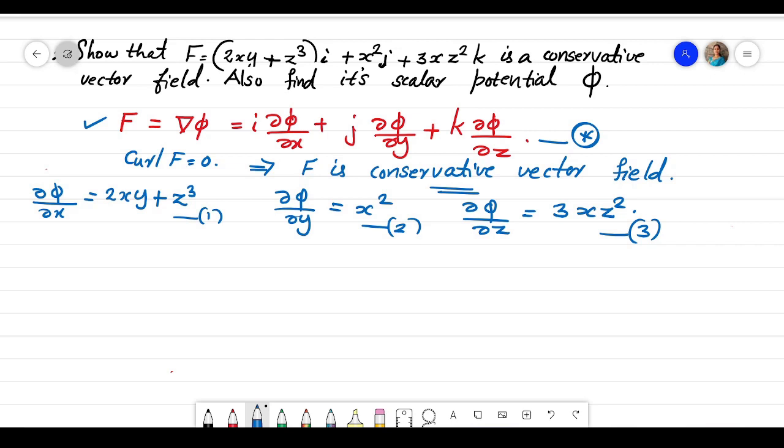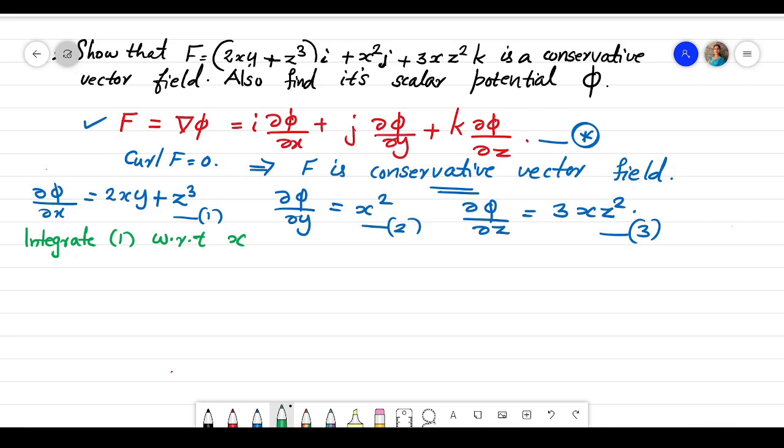Okay, so we have to integrate equation number 1 with respect to x. When we are integrating with respect to x, we have to keep y and z constant.